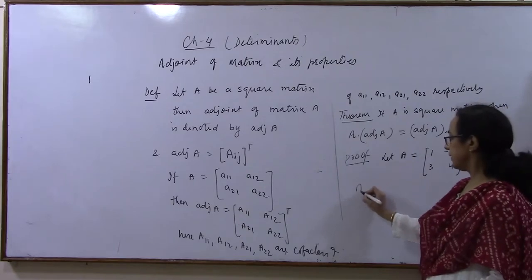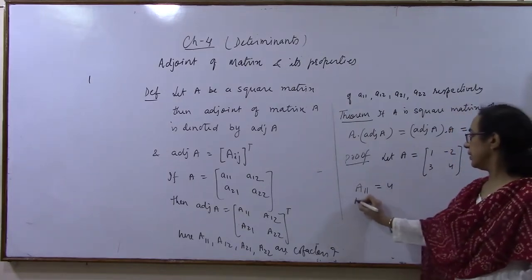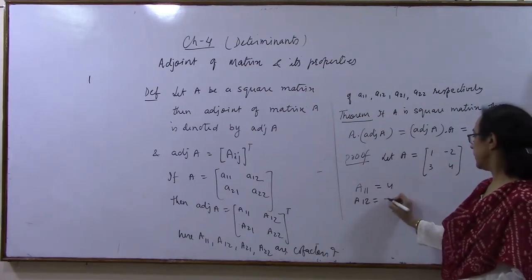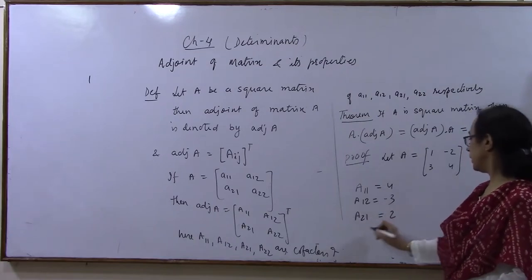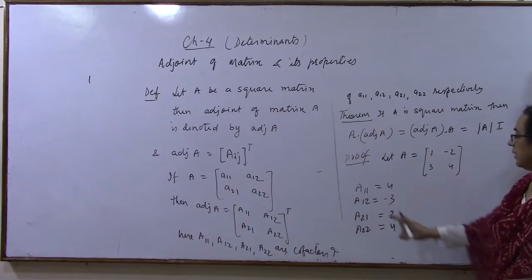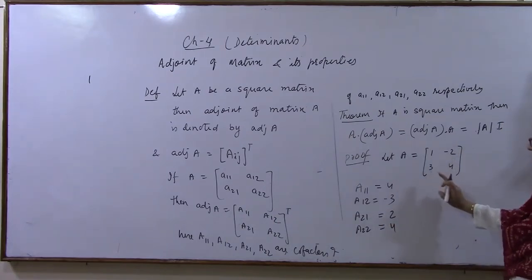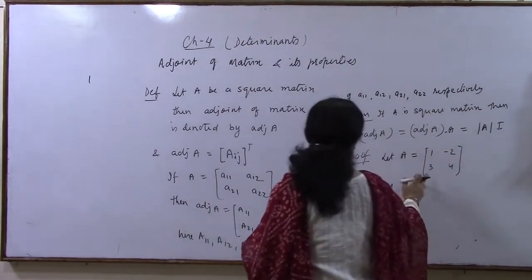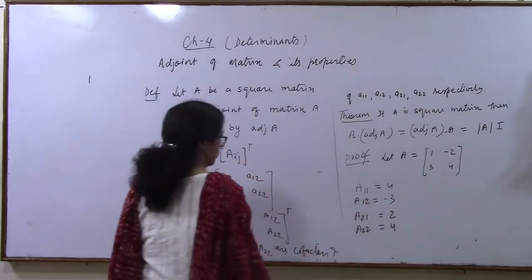Then the cofactor A11 equals 4, A12 equals minus 3, A21 is 2 and A22 is 1.